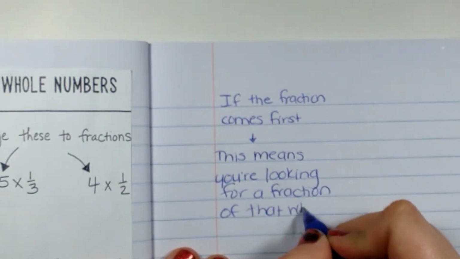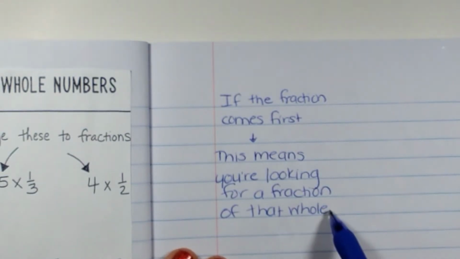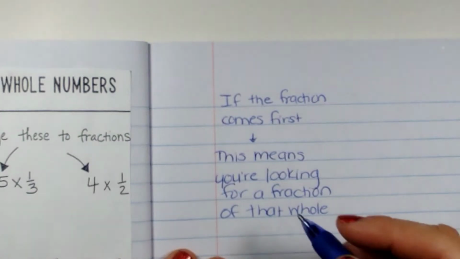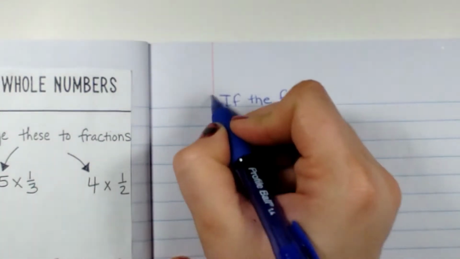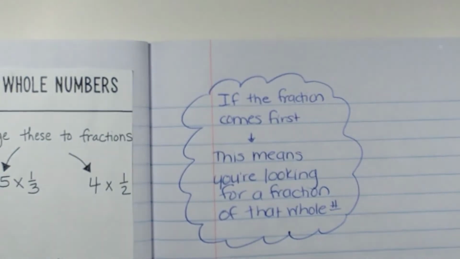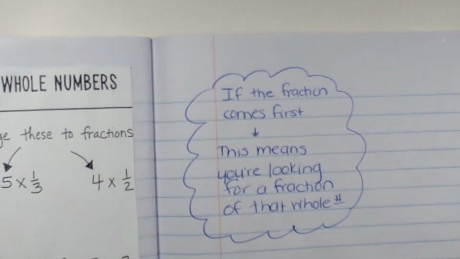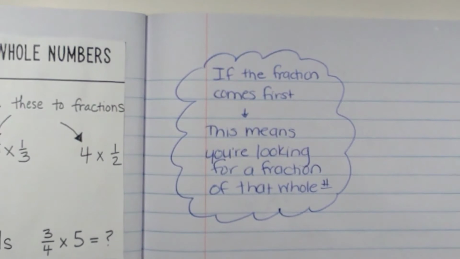If I wanted to say 2/3 of the class wore red today, for red day, then I would say 2/3 of the number of students. That's when you would put the fraction first. So you always use multiplication if you're trying to find 2/3 of something. That is something important for you to remember for this lesson.